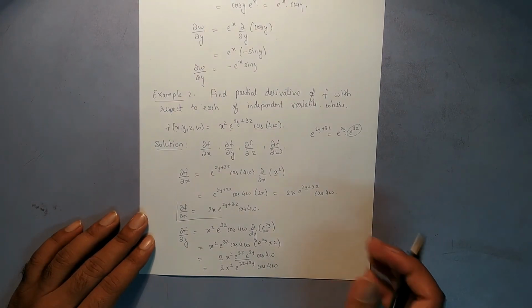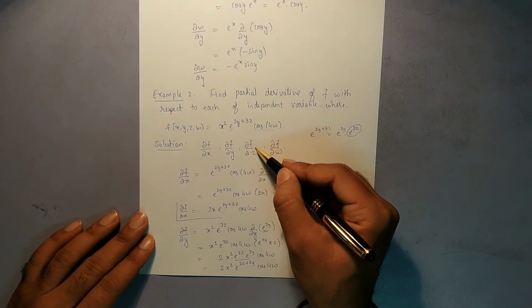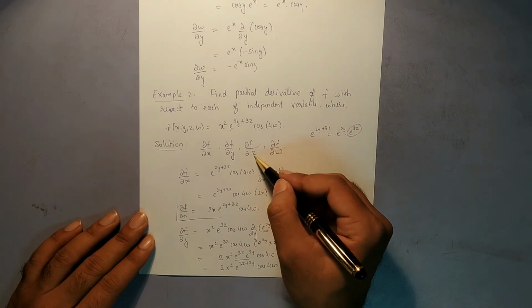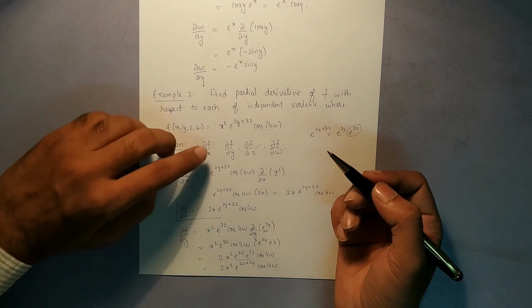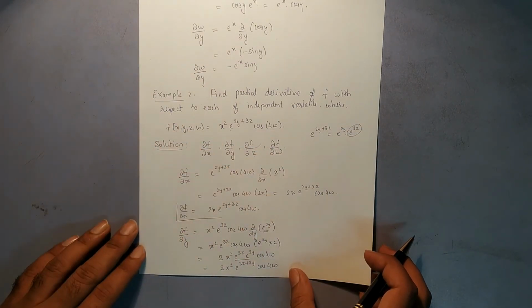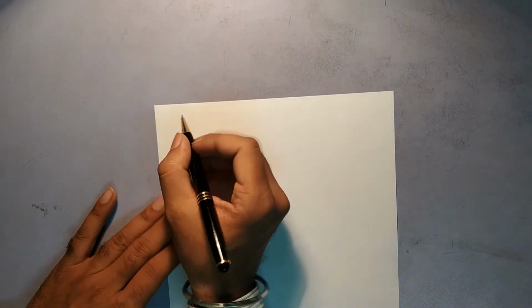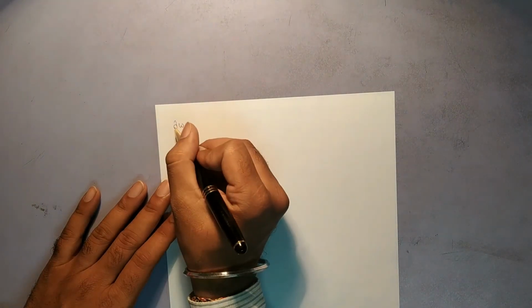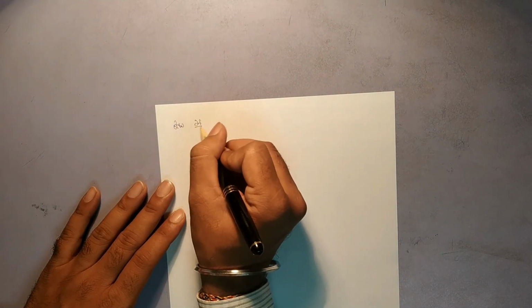Similarly, we can find ∂f/∂z, which will be similar to ∂f/∂y, and I can find ∂f/∂w. So ∂f/∂w is given as, all other functions will be kept as constant.